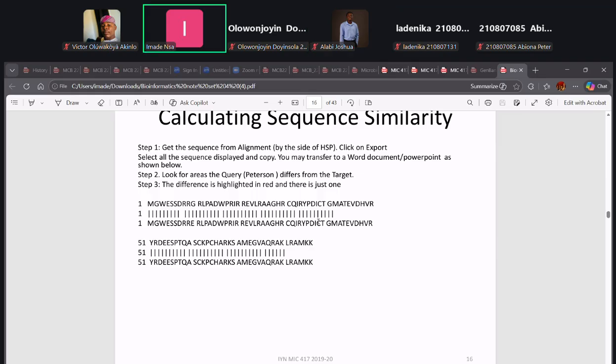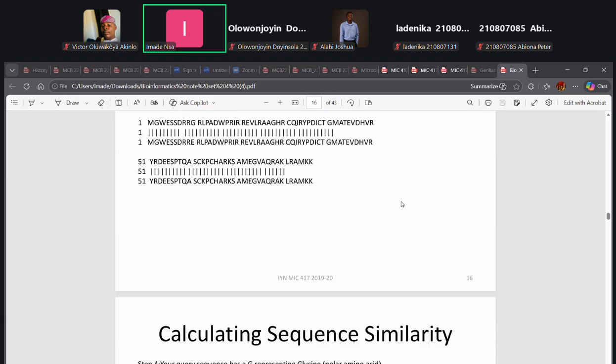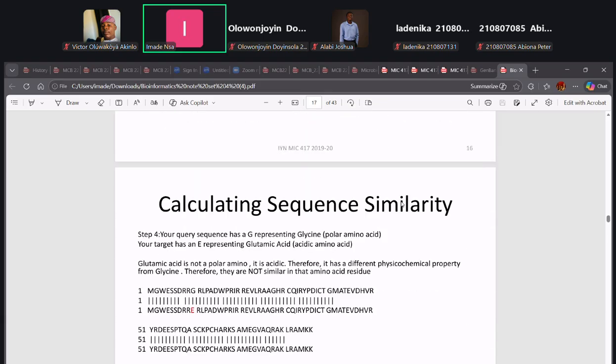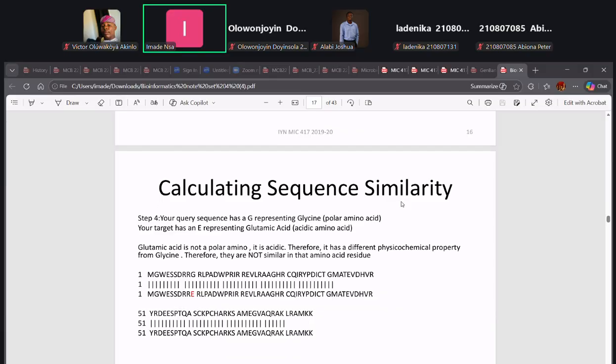What is G? Glycine. And what is E? Glutamic acid. Are they in the same group? Do they have the same physicochemical parameters? So you got it.